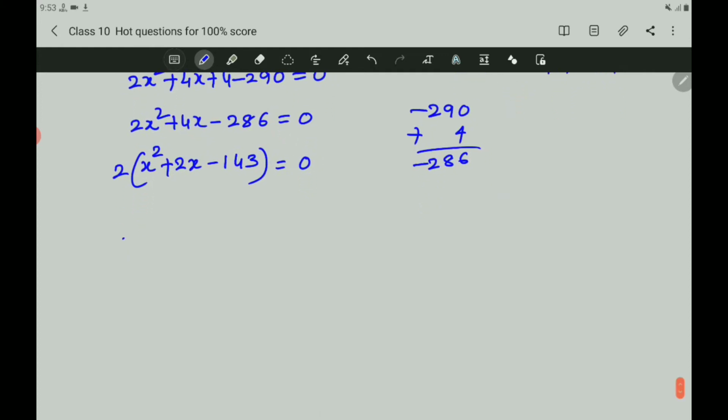Then you can cancel this 2 and you write x square plus 2x minus 143 equals 0.